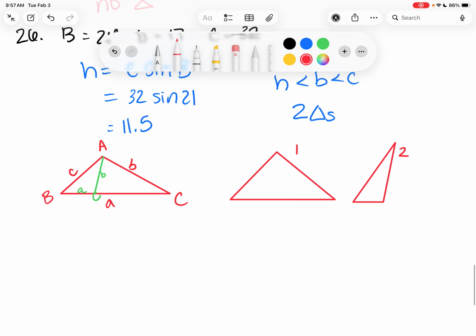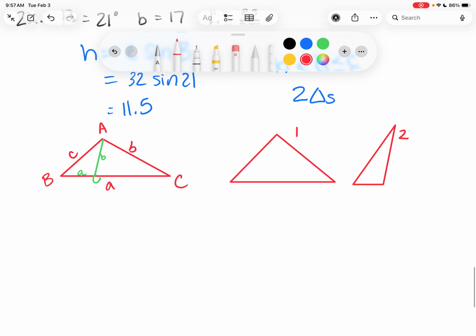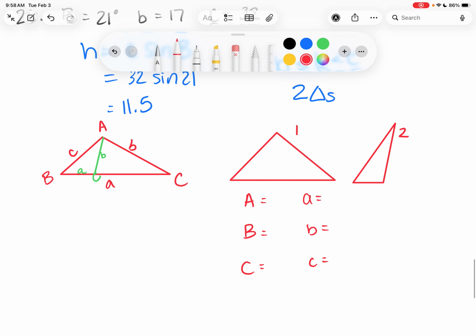All right, so I'm solving for the big triangle first. Underneath triangle 1, I'm going to set up my stuff here, and then we'll do it again for this one on this side, in a different color. All right, so angle B was 21 degrees.